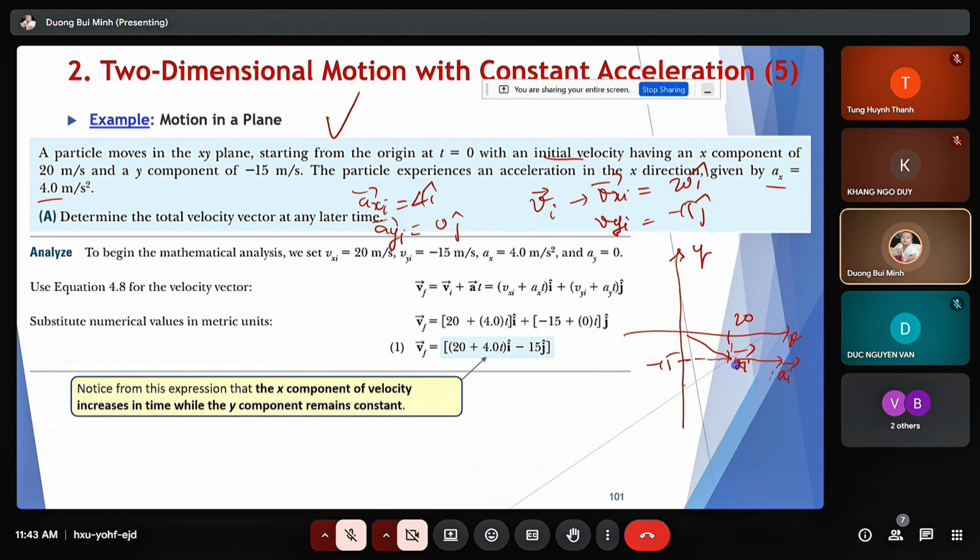So we can analyze this one into A parallel, and this one is A perpendicular. So after some time we can get vector Vf like this.